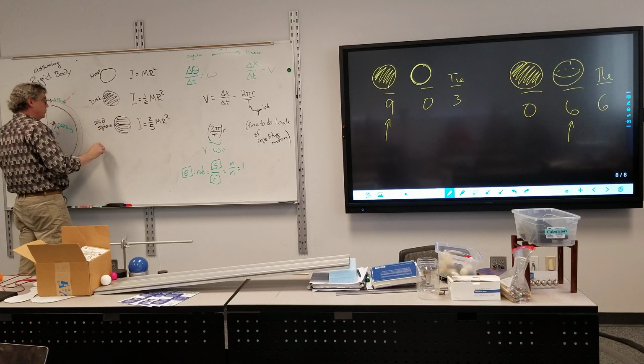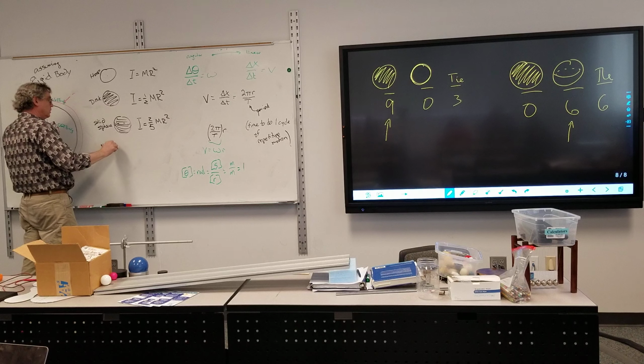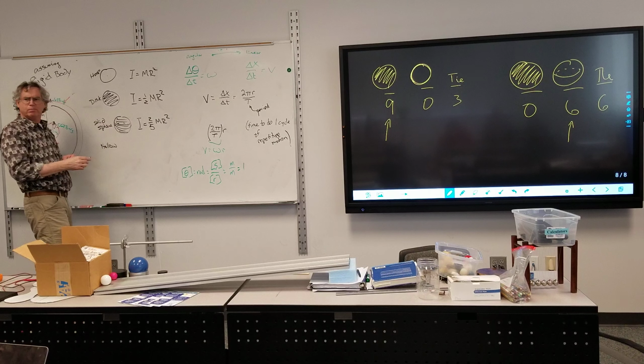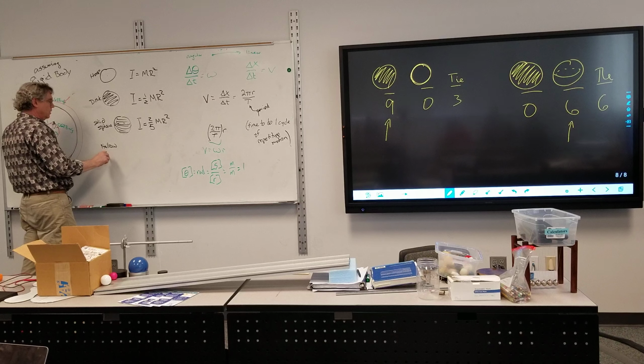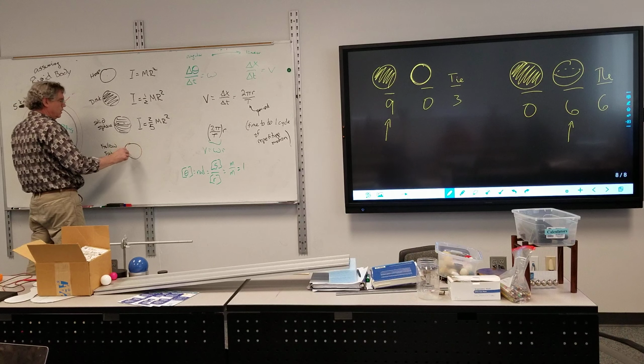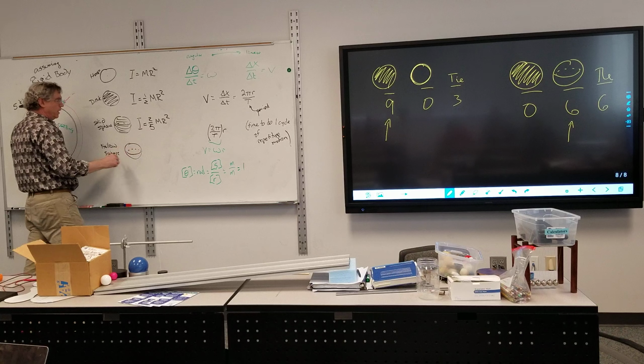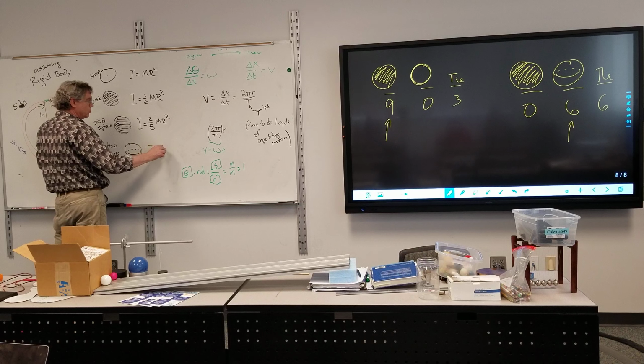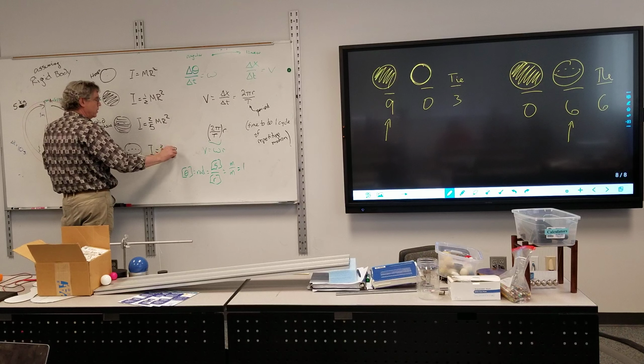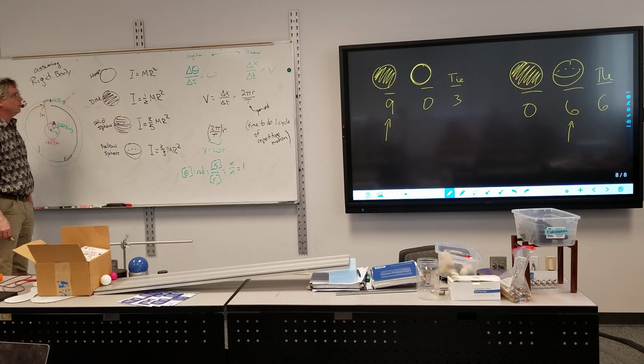And for the hollow sphere, or thin-shelled sphere, I is 2/3 m r squared.